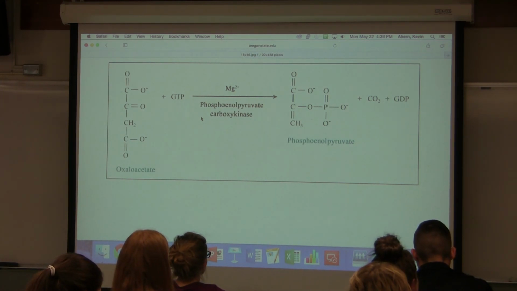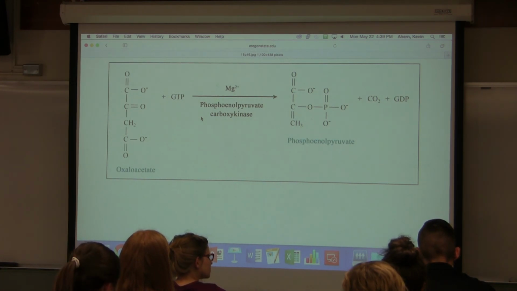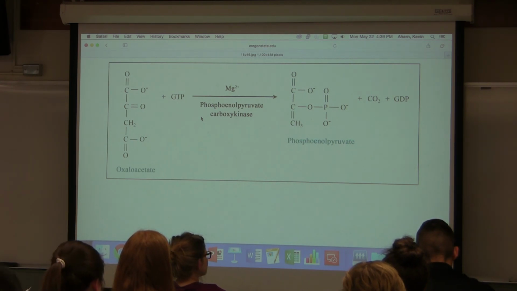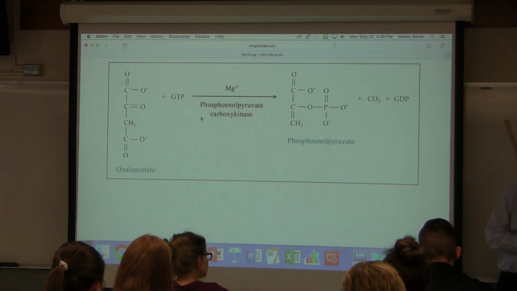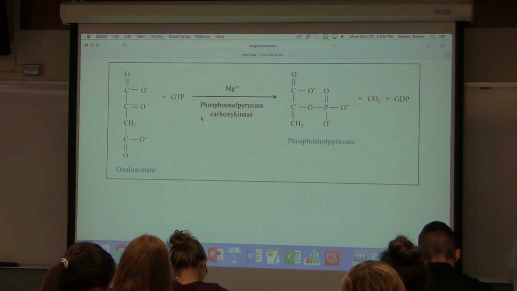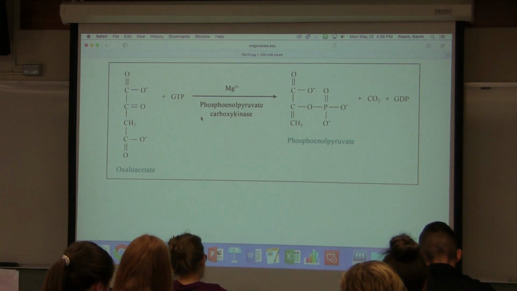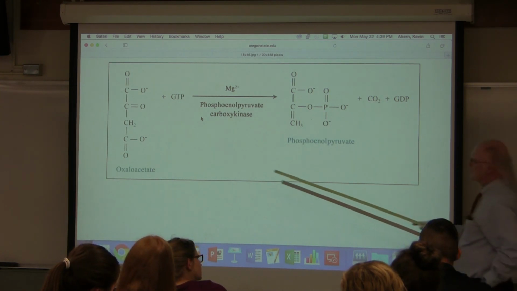That's not totally surprising because if you remember, I said that the Big Bang reaction produced an ATP and released enough energy equivalent to an ATP. That means there's a lot of energy, a big barrier we've got to get over to get from pyruvate back to this guy. Okay? So it's not surprising that the cell is doing it in two steps.